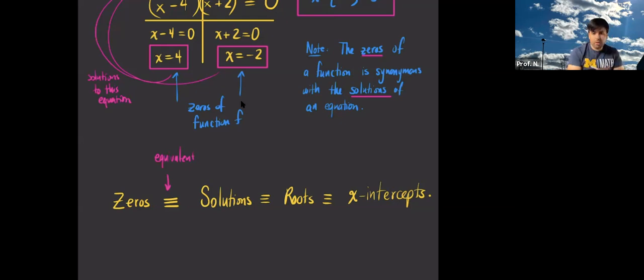And of course, if you graph those zeros, solutions, or roots, you're speaking about the x-intercepts. Because remember, the x-intercept is when y equals 0, which comes right back to what zeros are. It makes the y value 0. So all these words are equivalent, similar to one another.